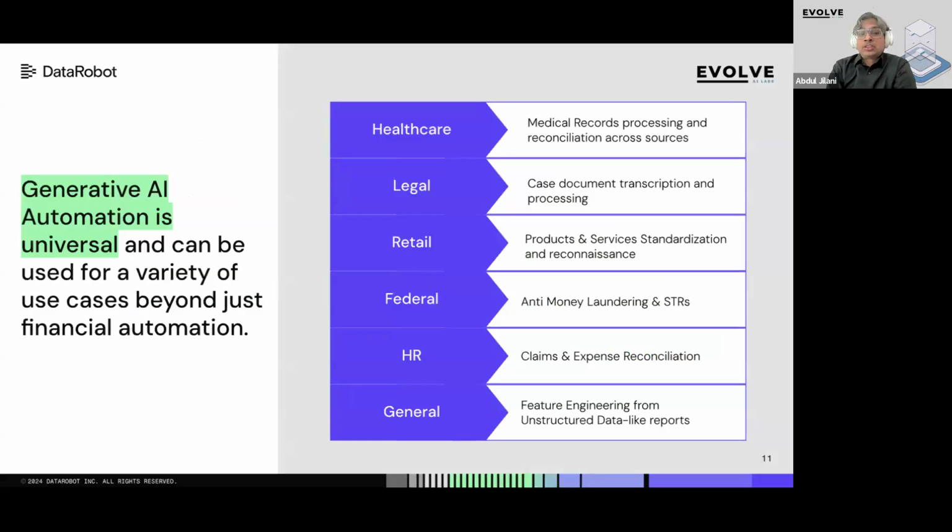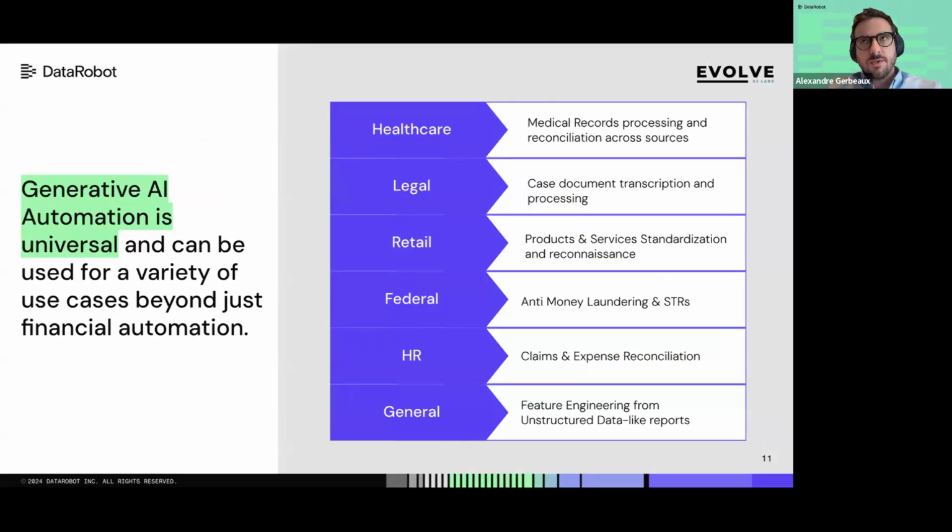Generative AI automation is not just limited to financial automation, and Alex would be able to tell how different customers of DataRobot from different lines of business are able to implement generative AI automation using DataRobot. Yeah, good point, Abdul. So this presentation is really focused on financial automation, but obviously we see generative AI across industries.